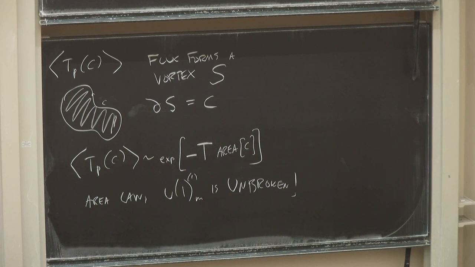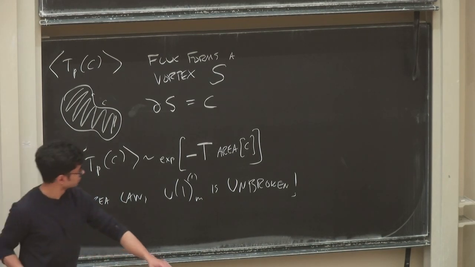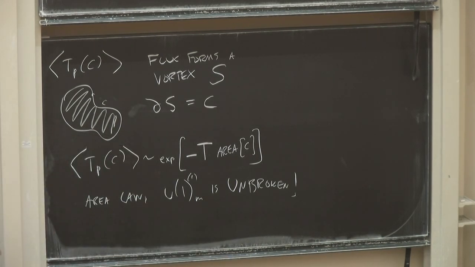Okay, good. So I still have 20 minutes left, so let me just summarize everything that we've learned in a table. I think I'll need to make a big table.